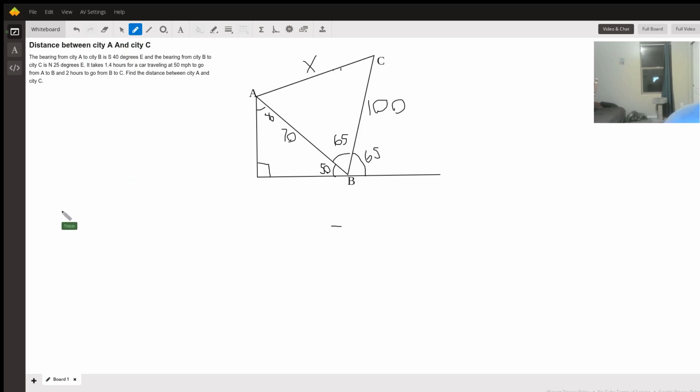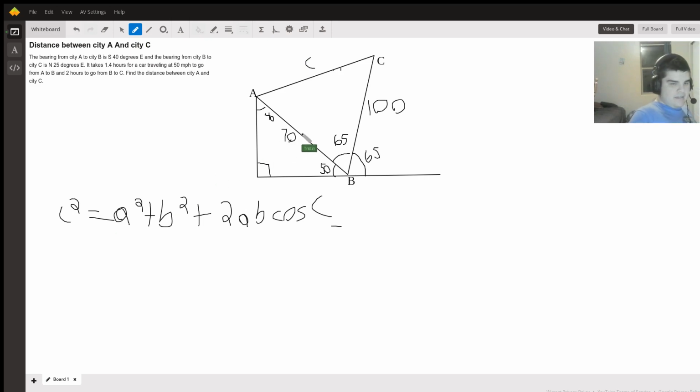If you have some unknown side C on a triangle, and you know the other two side lengths A and B, and the angle opposite that side length, C squared equals A squared plus B squared minus 2AB cosine of C. Now in this case, it'd probably be easier if we just labeled this C, so it's a little bit less confusing. So this is our C in this case. We have A is 70 and B is 100, or the alternative. It doesn't really matter. And we have C is 65 degrees.